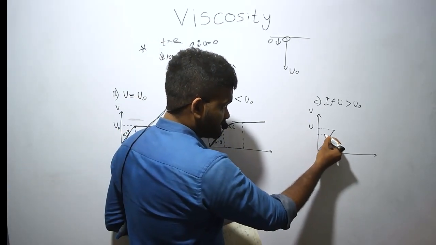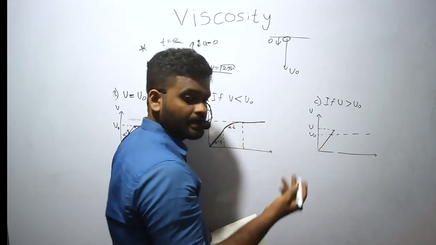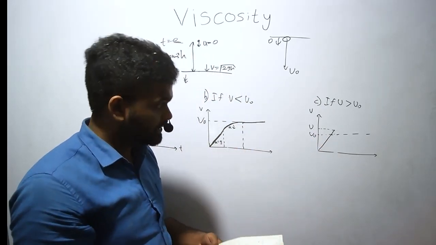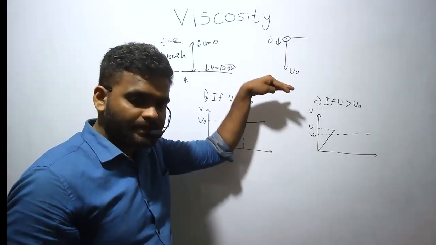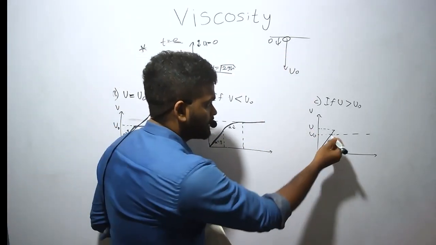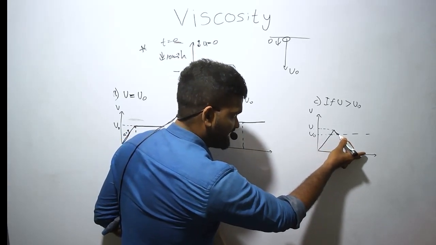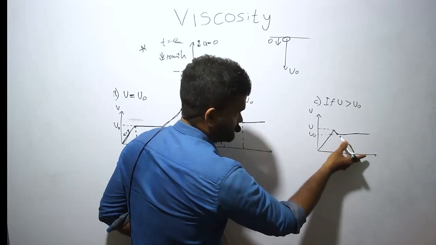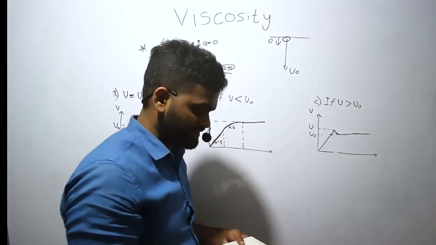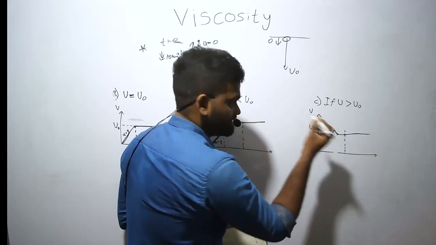Terminal velocity is less. It is a value somewhere here. Now what happens? Inside the liquid, now it has to decelerate. It decelerates and then at the end it gains the terminal velocity. So this is the graph in a case like this. At the end, everything has to gain the terminal velocity.